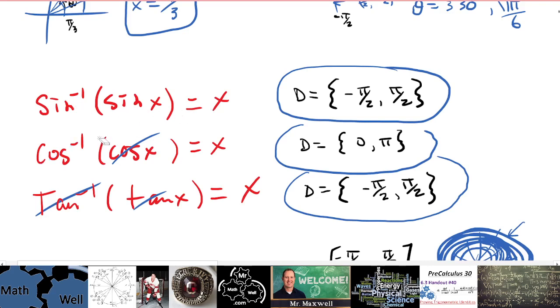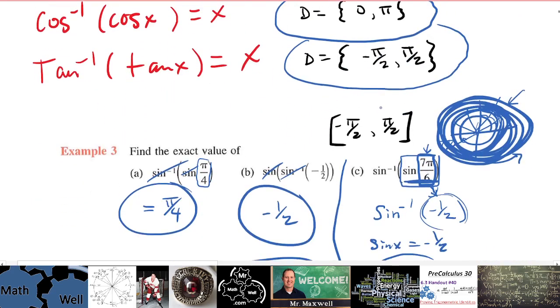The inverse cos of cos x is x, and the inverse tan of tan x is x. As long as x is within the proper domain, which for sine is between negative pi over 2 and pi over 2, these just cancel out and you're left with whatever this value is. They undo each other.